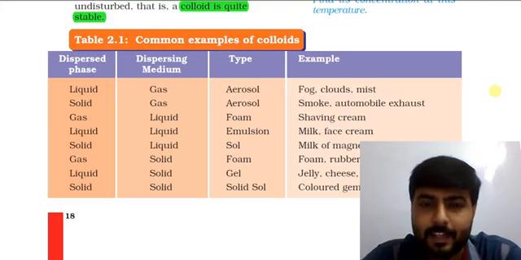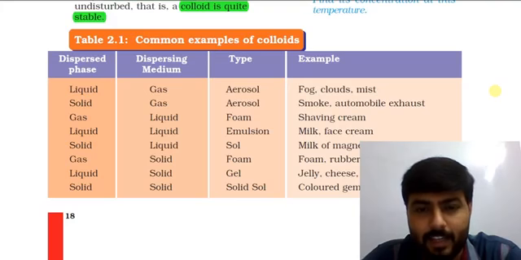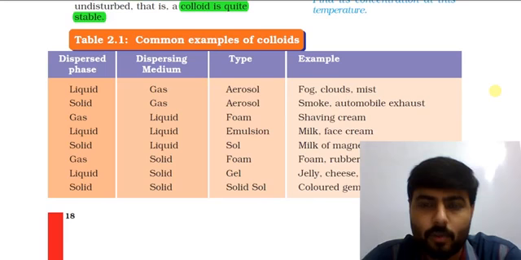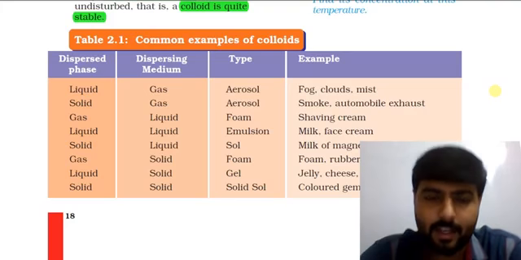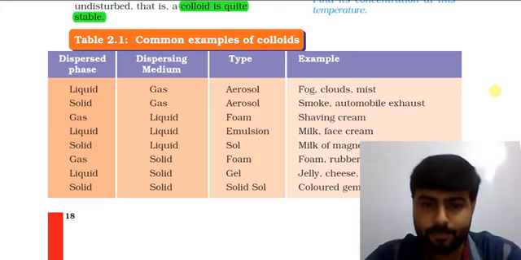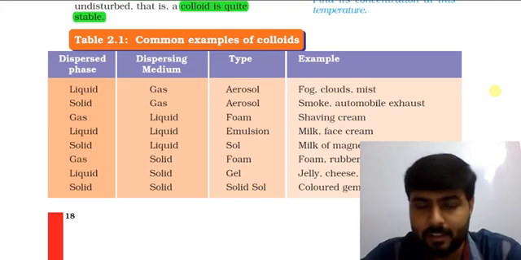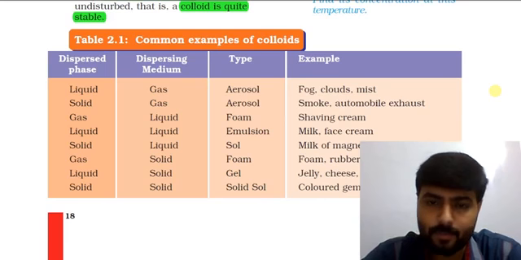We are studying chapter number 2. In the last lecture, we have seen what colloids or colloidal solutions are. We have seen examples of colloidal solution. We have seen table number 2.1, the table for different kinds of colloidal solution.